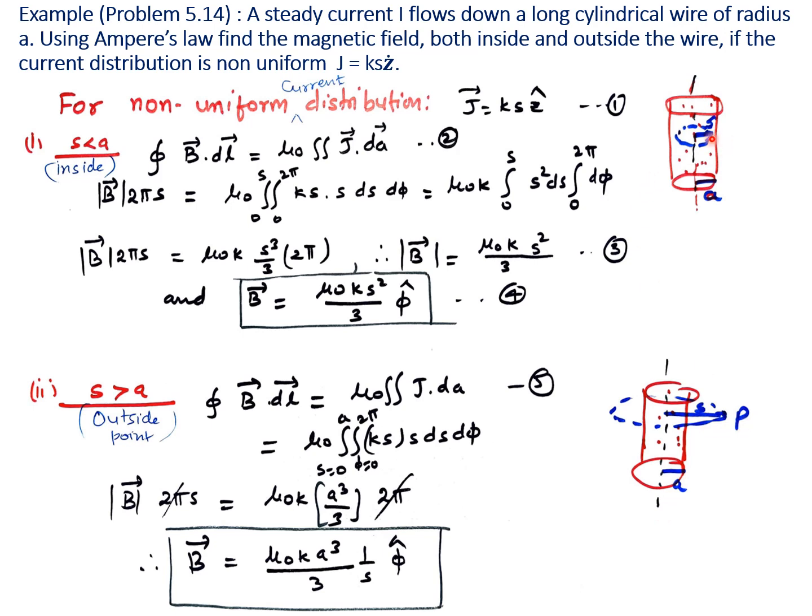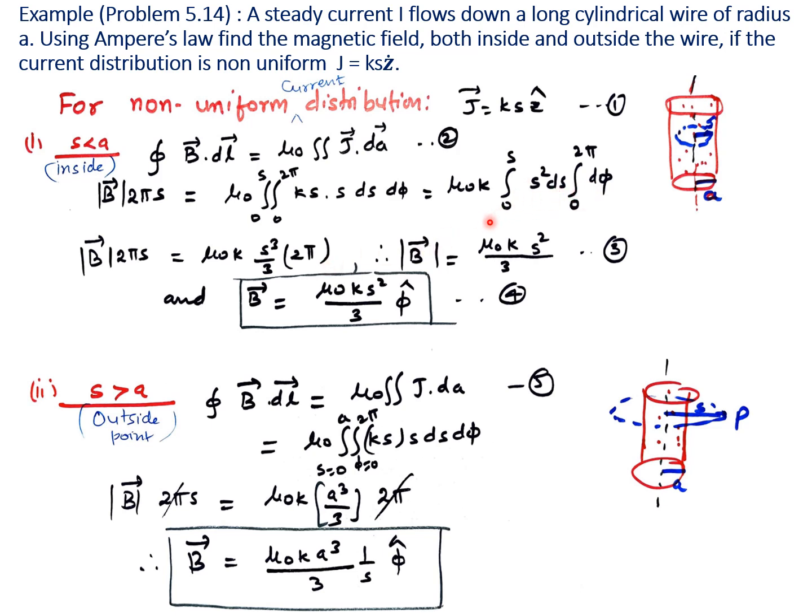So if we take the inner point, we draw an Amperian loop at distance s and use Ampere's law, closed line integral B dot dl equal to mu naught I enclosed, and I enclosed is j dot dA, and j is given as K s in z cap direction, and dA equal to s ds d phi in z cap direction. So it will give us mu naught k s square d phi ds.